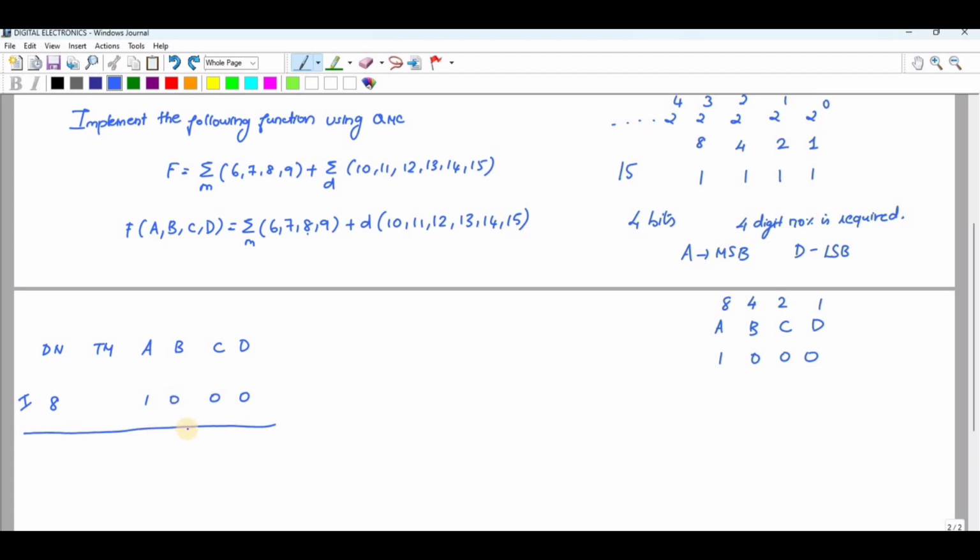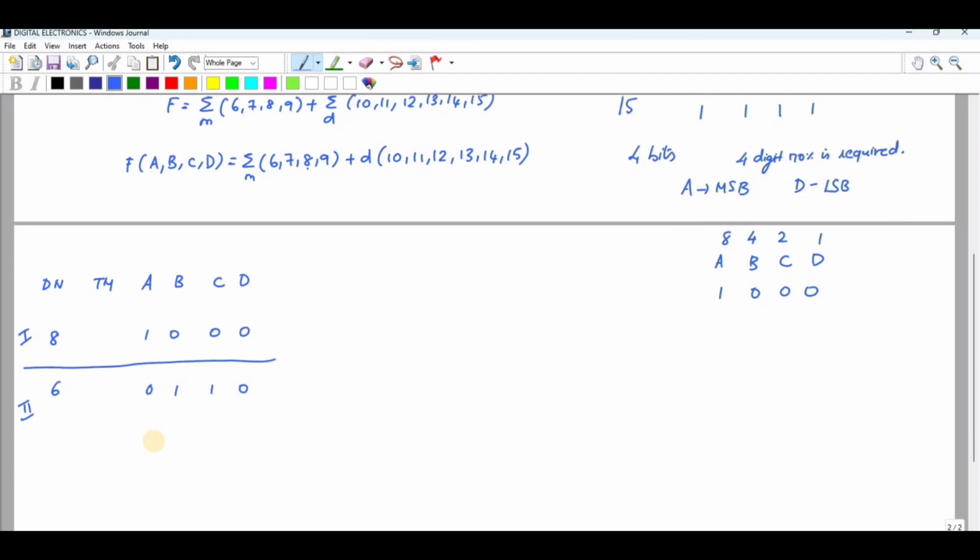Next, 6. How to represent 6? 4 plus 2 is 6, where 4 is B and 2 is C. The first group should consist of only one 1, and the second group should consist of two 1s. Now, how to represent 10? A is 8 and C is 2, so that is how we represent 10.